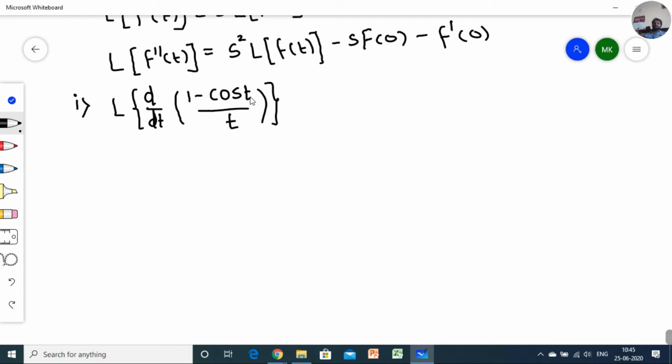Here, if you see in this question, a division by t is present. In the question we have to calculate the Laplace transform of the function by using the division by t rule, and after the division by t rule we have to use the derivative rule, which is clearly mentioned here. So according to that we can calculate easily.